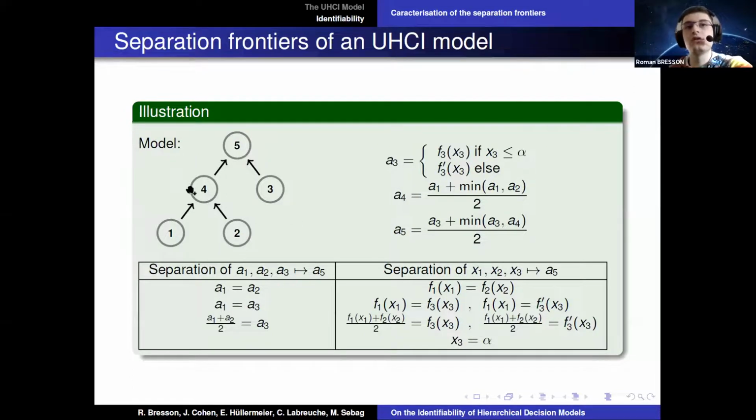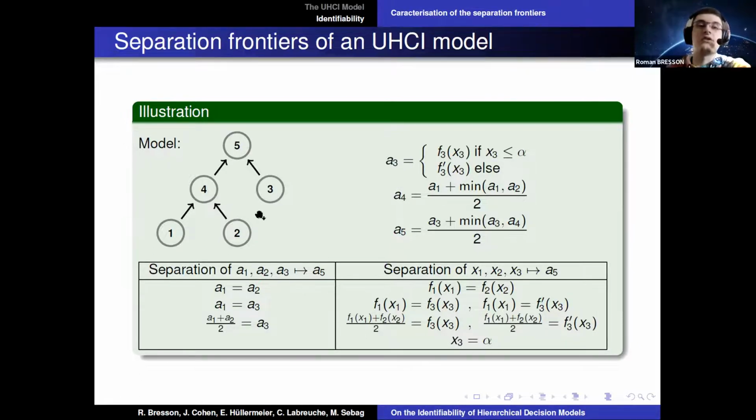As we said, for a given CI, you change region when two children are equal. So this yields these borders: A1 equals A2 is the border that I just described, and A1 plus A2 out of 2 equals A3 comes from the fact that A4 equals A3 and A4 equals (A1 plus A2) out of 2.